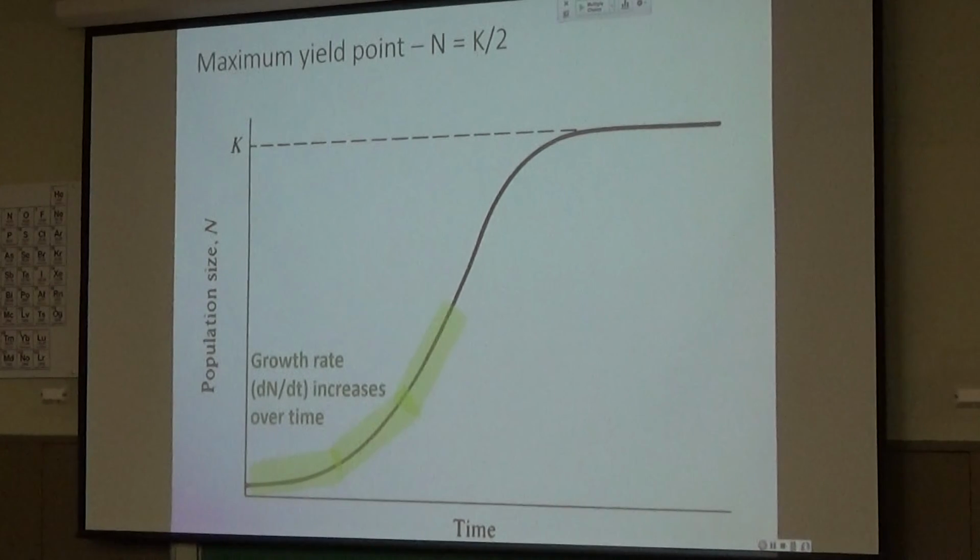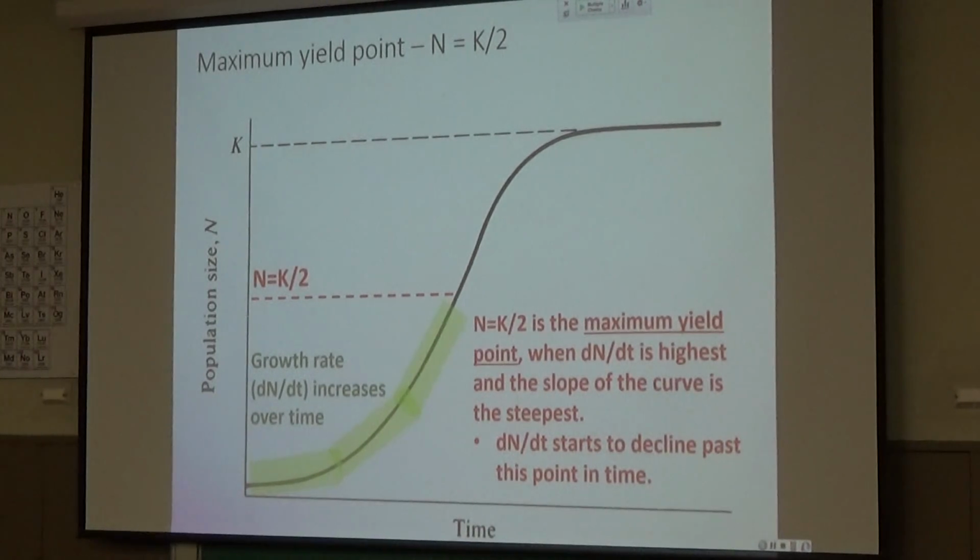Now there is something else that we can get in terms of information out of this. Looking at the timeline here, this is generations over time, population size, number of individuals. Look up there at how the carrying capacity is expressed as the number of individuals that the environment can support. Initially, dN over dt is going to increase very fast until the population reaches half the carrying capacity.